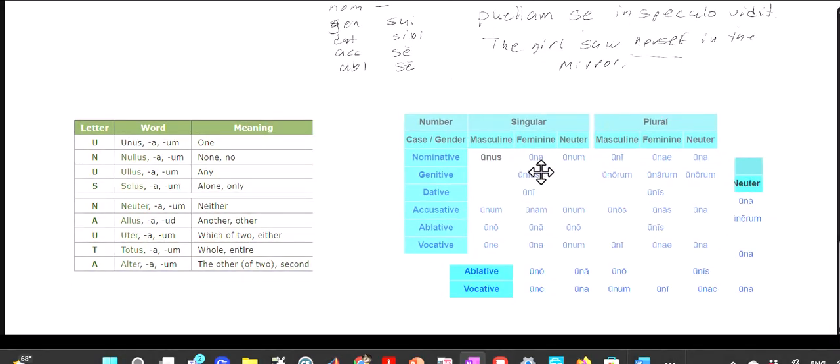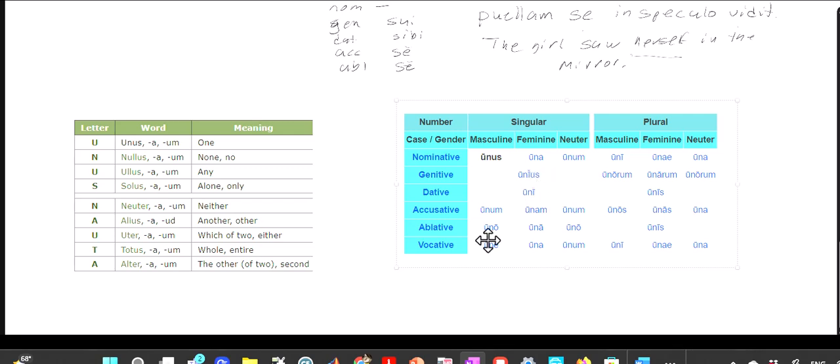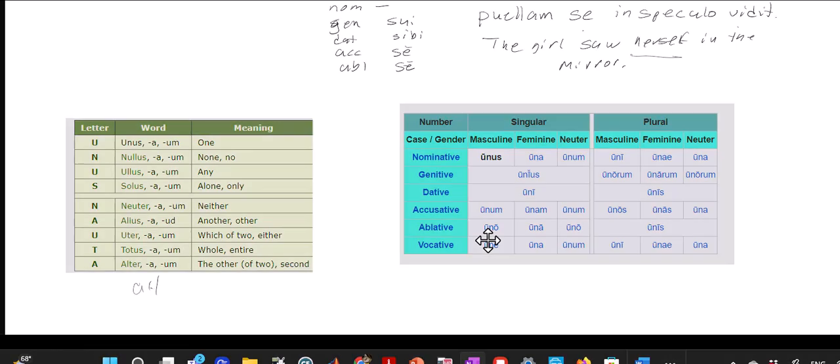And to be a completist, let me talk about something else that is a little strange here, and this is if you have alter, alter. The first one means the one, and the second one means the other. And the genitive of alter is alterius. Not surprising that you would have the ius ending.